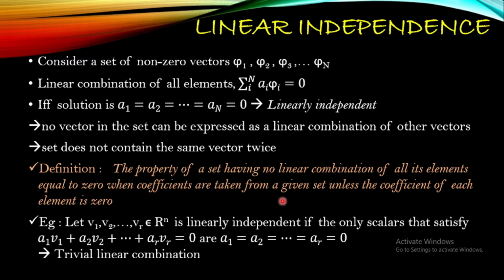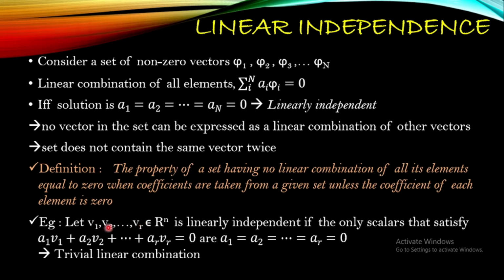Let us understand using one example. Say v1, v2, v3 so on up to vr are vectors which belong to R^n, where each has the standard meaning, and they are linearly independent only if the scalars that satisfy this equation, the vector sum of its components, a1 v1 plus a2 v2 plus so on up to ar vr equals 0, are all zero.